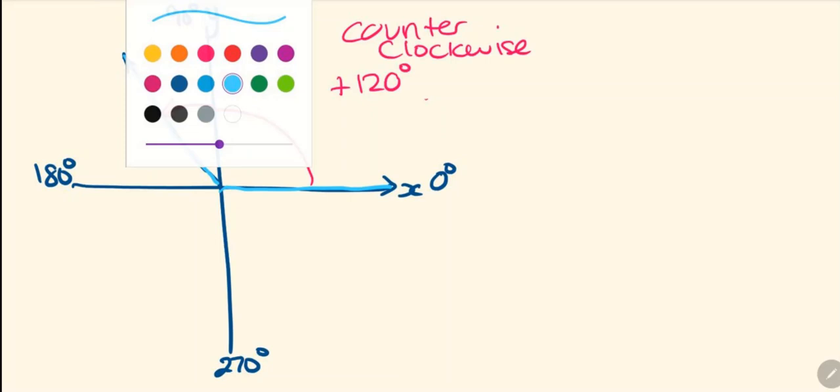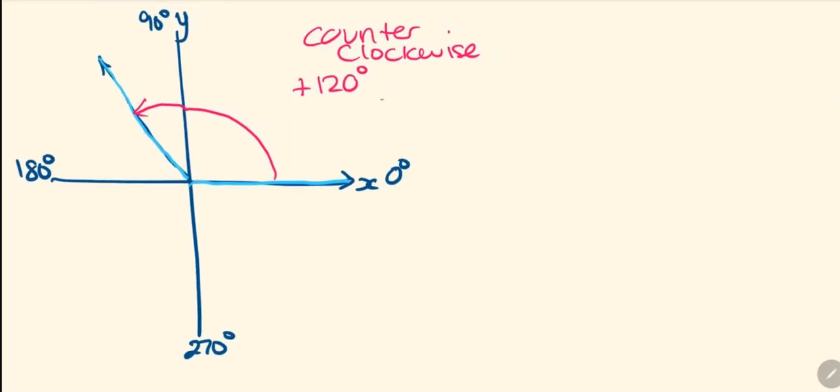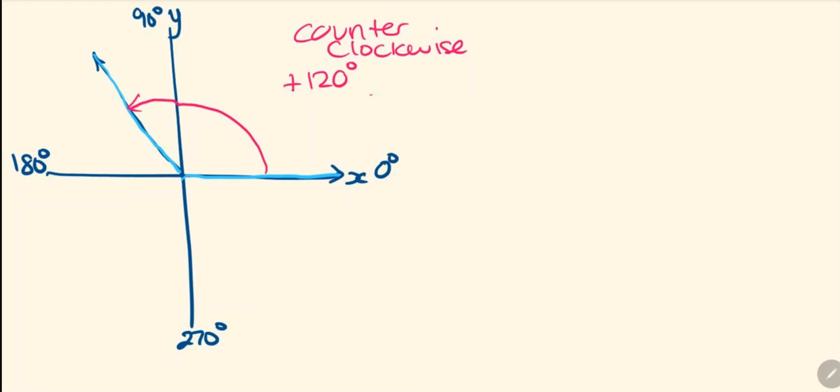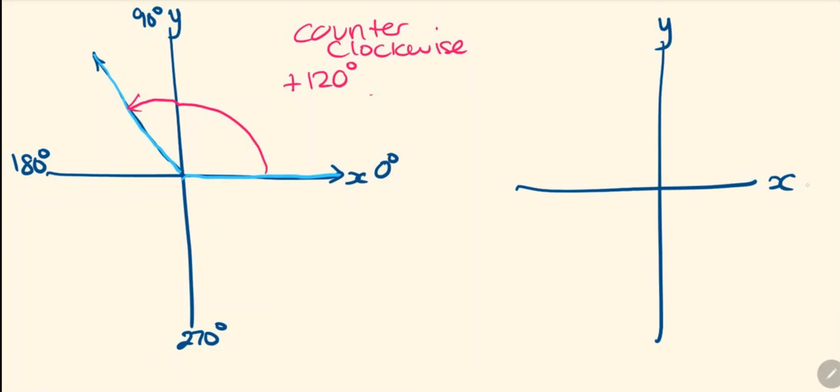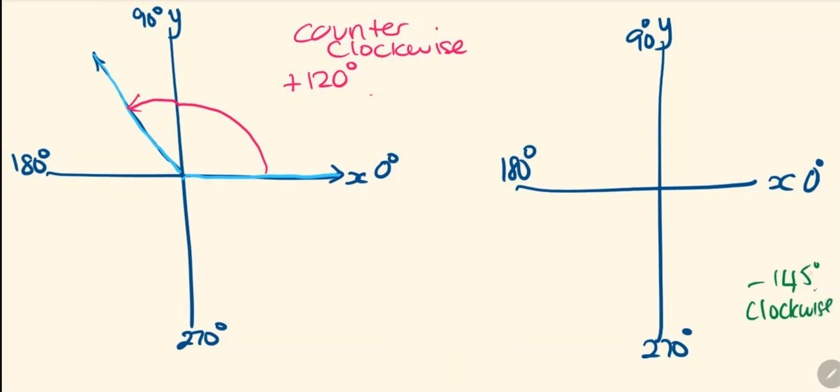So let's have a look at the other one. Let's draw another X and Y. I'm going to look at a negative angle this time. So this is 0, 90, 180, and 270. If we had, for example, minus 145, this is going to go clockwise. So remember, negative clockwise, positive counterclockwise.